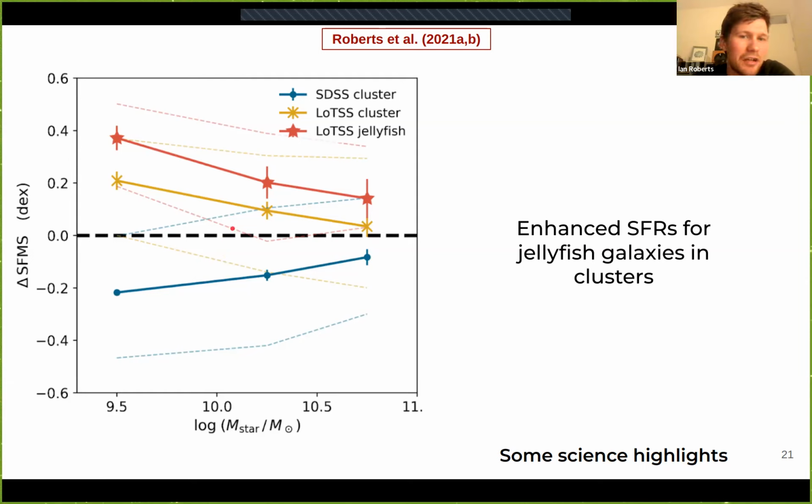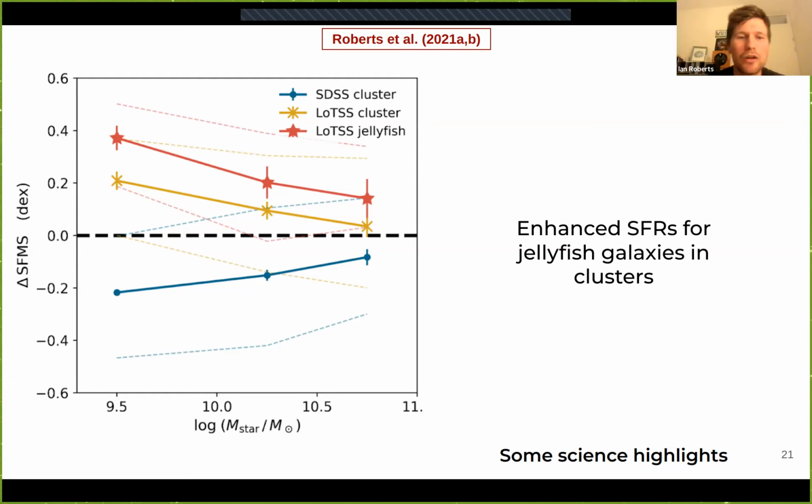Galaxies which are above this dashed line, so have offsets above 0, are galaxies which, for their stellar mass, have larger star formation rates than the average isolated galaxy in the field, and the converse for below this dashed line. The LOTS jellyfish galaxies I'm showing here in red are comfortably above this dashed line. So this is evidence that these have enhanced star formation rates relative to field galaxies.